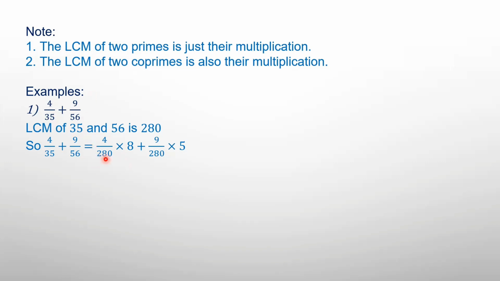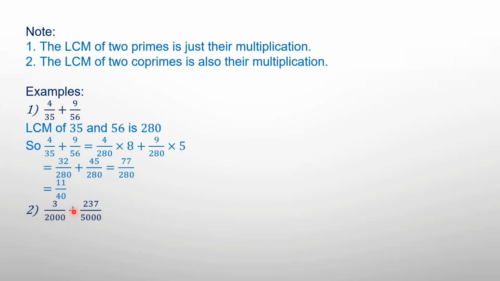So we got the common denominator 280. Now it is very easy to add these two numbers. It becomes 8 into 4, 32 upon 280 plus 9 into 5, 45 upon 280. So 32 plus 45 is 77 and the denominator is common, that is 280. After simplifying, it is 11 upon 40.